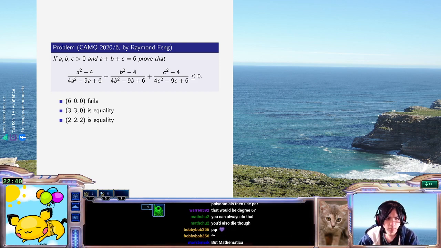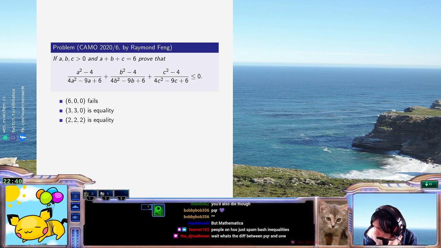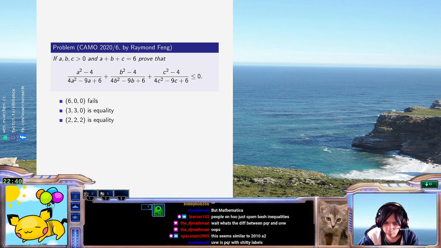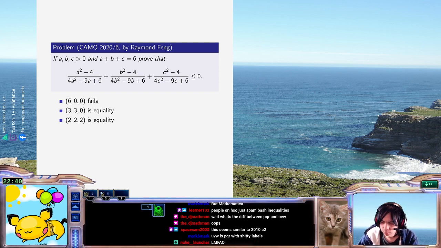Alright, so I want to make things positive so that I can stop confusing myself. I'm going to multiply both sides by 4 and then subtract off 3. So 4a squared minus 16 minus 9 minus 22, something like that?